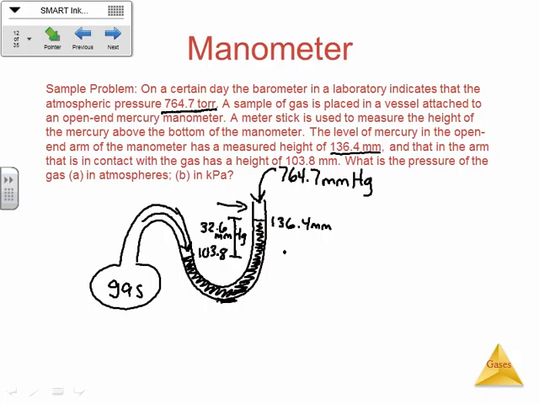And so what that means is we've got this 764.7 millimeters of mercury here. That's the pressure pushing down from the atmosphere. The gas must actually have more pressure than that, okay? So this difference right here, this 32.6 millimeters, we need to add to the atmospheric pressure. And that's going to give us the pressure of the gas.